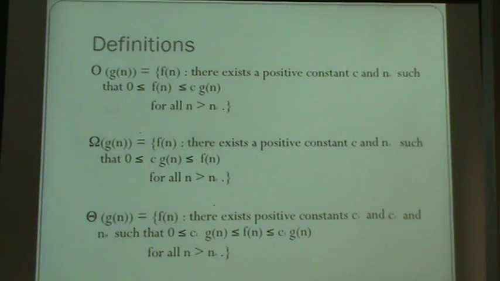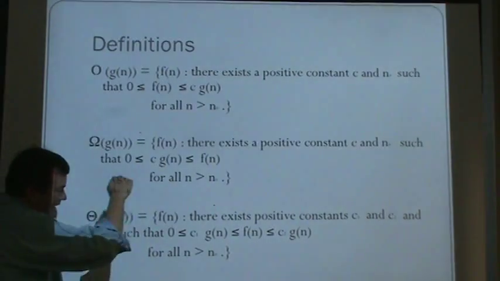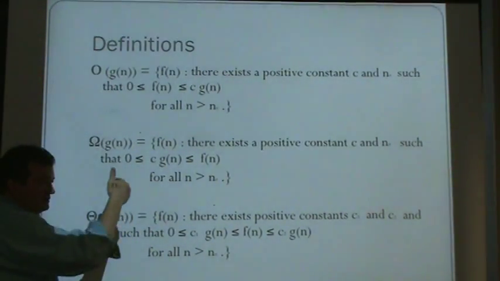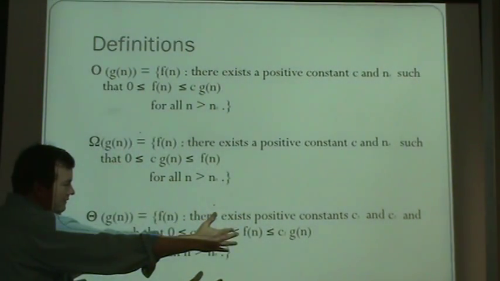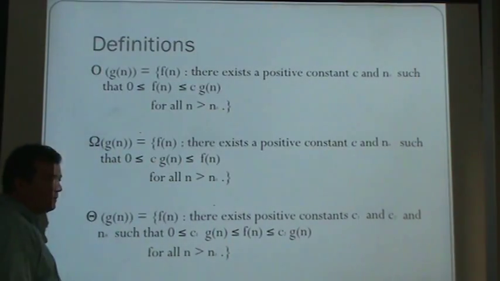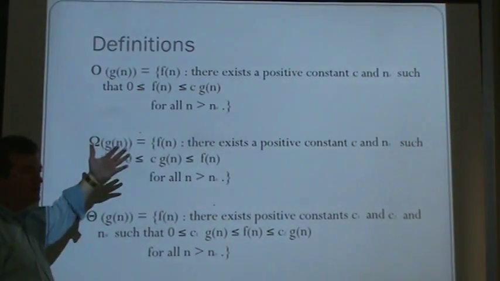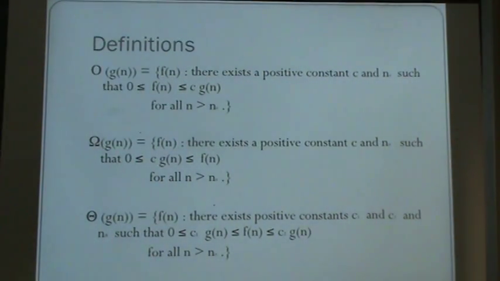But I wanted to go over the idea that what we're doing here is taking an algorithm, taking how long each line takes to run, counting up how many times each one will run, adding the whole thing up to come up with a running time function, and then coming up with a statement that says this algorithm is good or not good based on its dominating terms as n becomes very, very large.